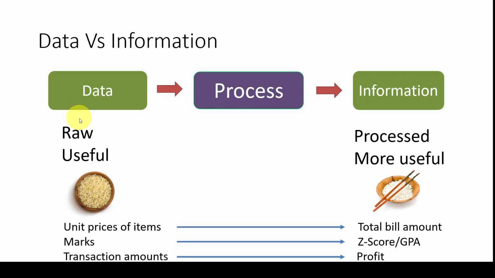So we are not saying that data is not useful. Data is also useful, right? So the current time, someone's mark, those are useful to take some decisions as well. But information is usually more useful in a proper context. It's something like the raw rice is useful, but boiled rice is even more useful because it's easier to digest, right?